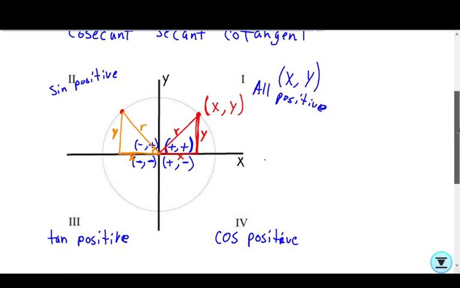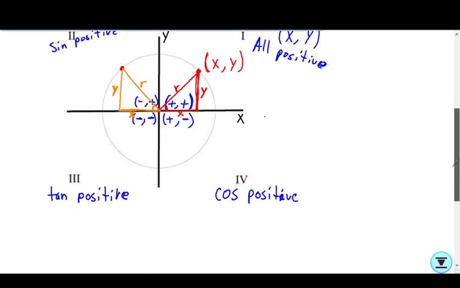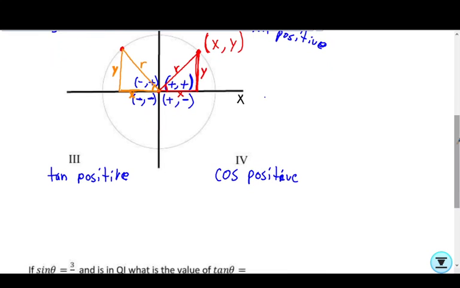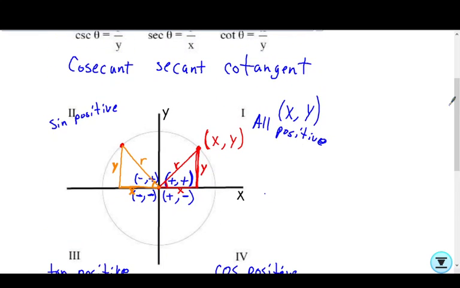Now, the other thing is, if sine is positive, then cosecant is positive, because r can never be negative. That's a big thing that you need to write down. It should be self-explanatory, because r stands for the radius. The radius is never negative.